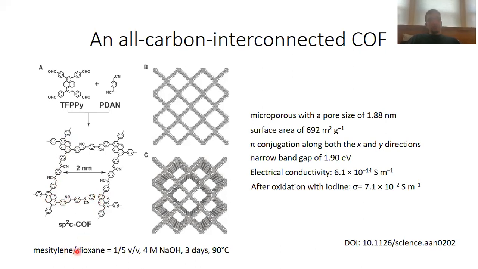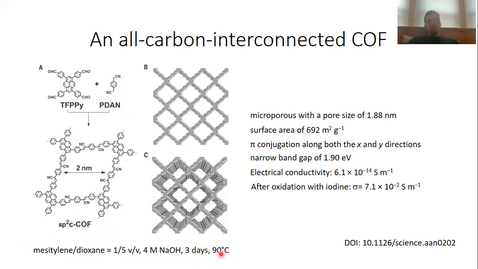So here are the typical reaction conditions at which this framework forms. It forms in a mixture of mesitylene and dioxane in the presence of 4 molar sodium hydroxide, reacted for 3 days at 90 degrees Celsius.